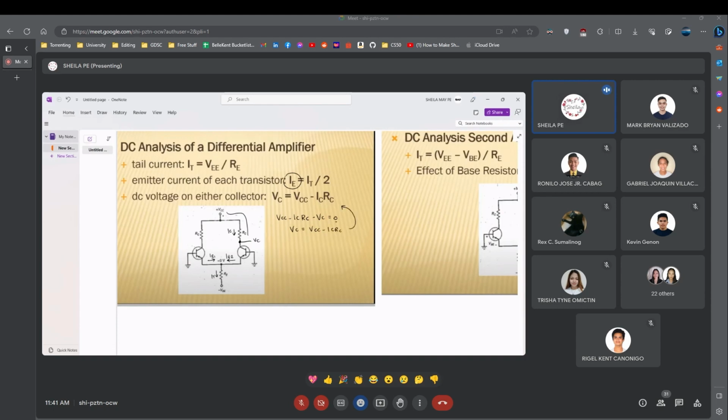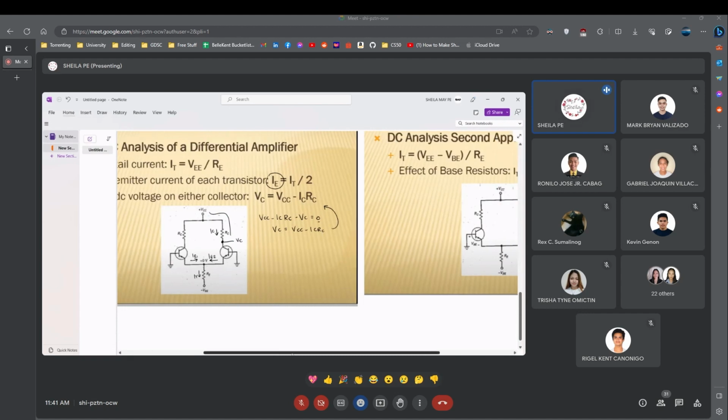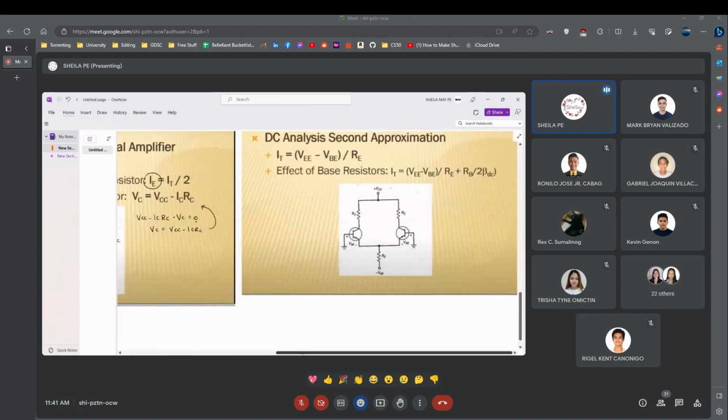Now for the second approximation, nanatay VBE. Kung sa diode pa, if it's on second approximation, it is treated as a switch with a threshold voltage or a potential difference, diba?